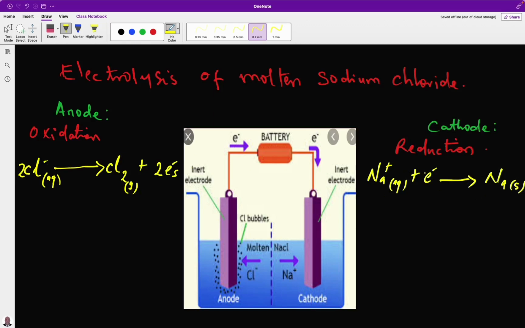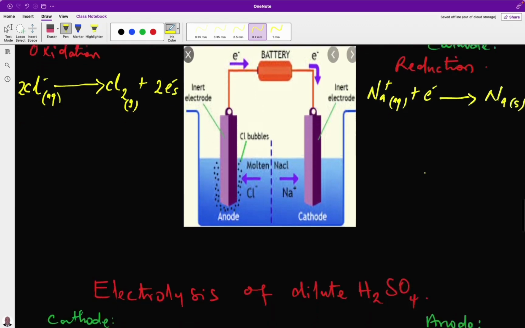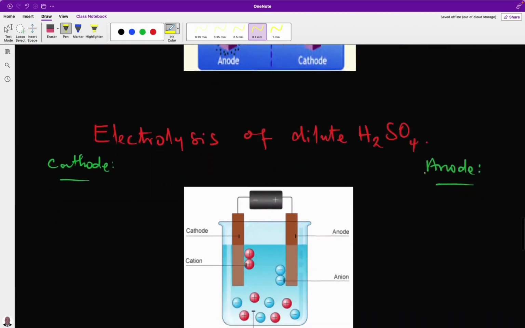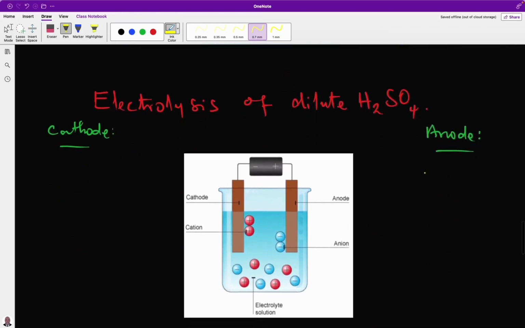It drives us to another example, which is electrolysis of dilute sulfuric acid. What is happening in the cell? As we said, when it has to do with dilute or aqueous, it means water is involved. So water is going to release two ions, the hydroxide ion and what?